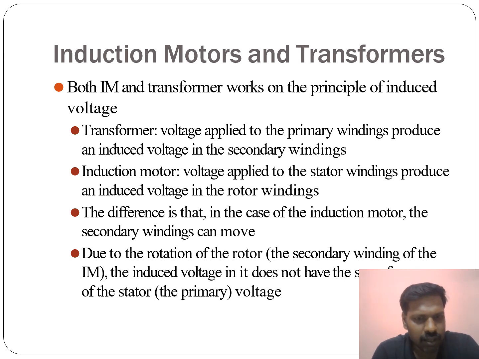In an induction motor, voltage applied to the stator winding produces an induced voltage in the rotor winding, but here the secondary, the rotor, is free to rotate. Because of the rotor rotating, the frequency of induced voltage and current in the rotor is not the same as the stator frequency. It depends on slip. This is the important difference between a transformer and an induction motor.